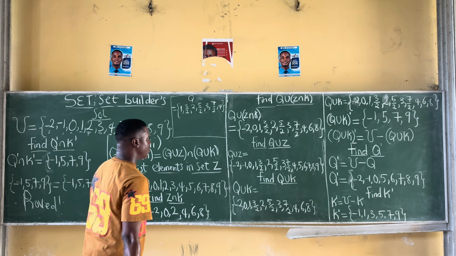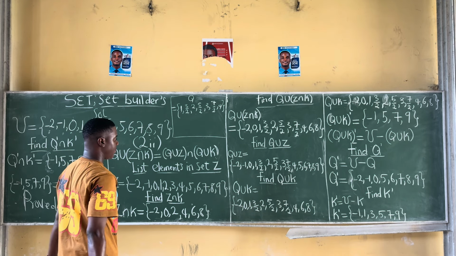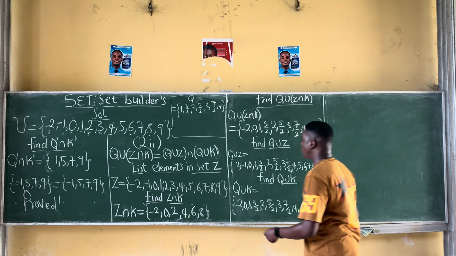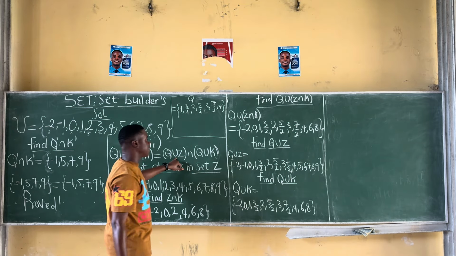Alright, so that is Q union K, right? The next task is we need to find Q union Z intersection Q union K.